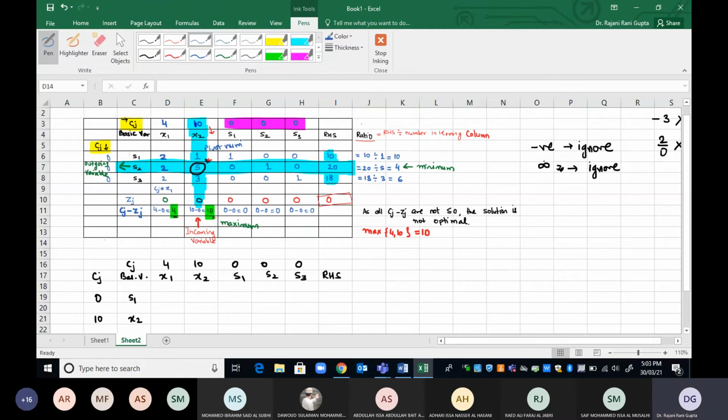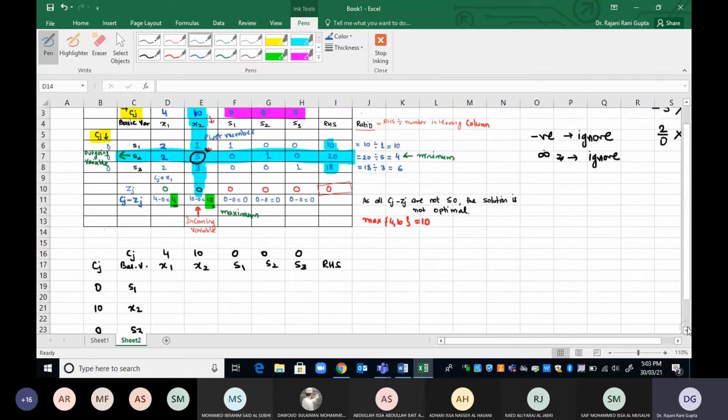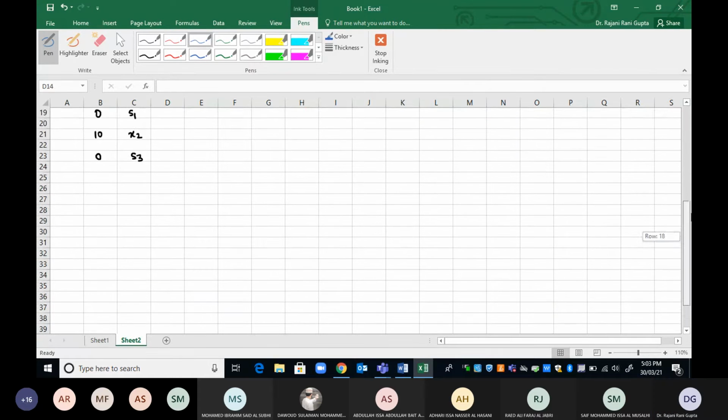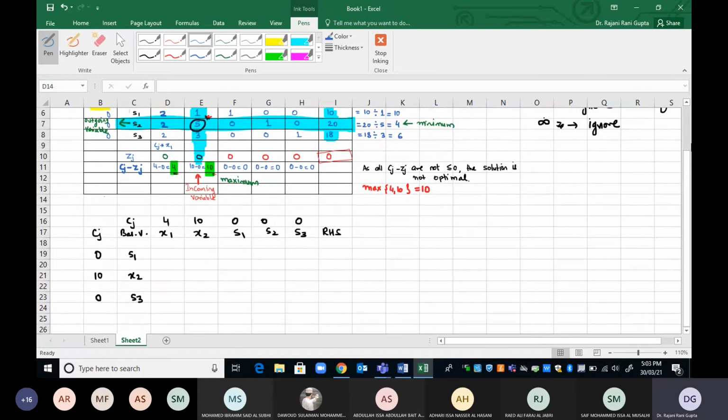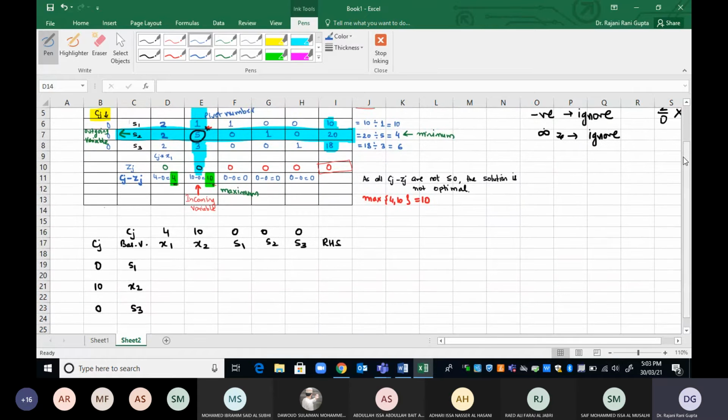Right? So this 5 is nothing but your pivot number. So now see, the new variable that enters is x2. So we will first write the numbers here for x2. So how do we start? Write the old numbers. Let me do the calculation here on this side for x2. What are the old numbers? 2, 5, 0, 1, 0 and 20. We are not writing the RHS ratio, sorry. Divide these numbers by the pivot number.